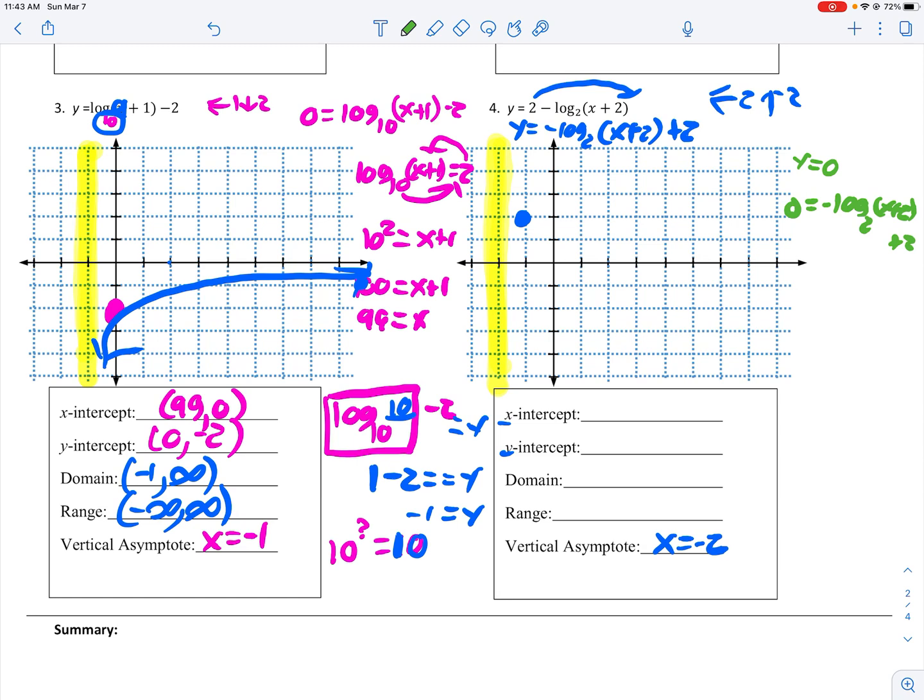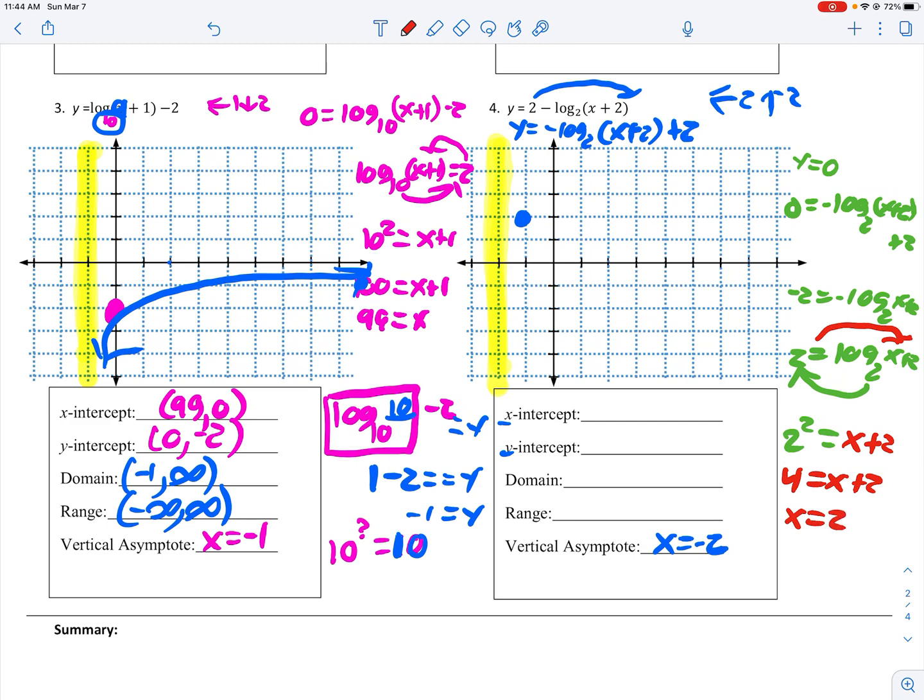So subtract and divide by negative eventually. So you have 2 equals log base 2 of x plus 2. So 2 squared equals x plus 2. So 4 equals x plus 2, so x equals 2.